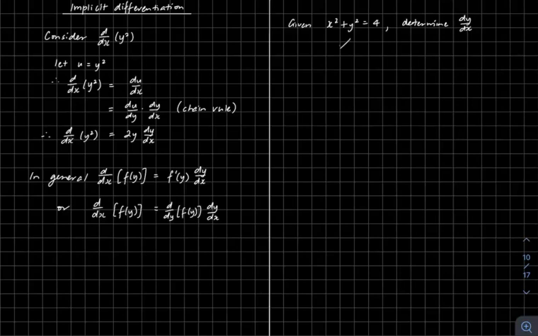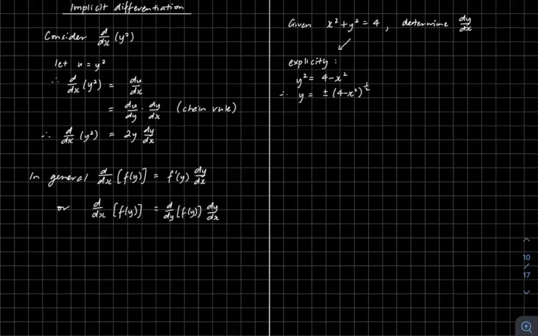So if I was going explicitly, I would rearrange this and say, okay, y squared equals 4 take x squared, therefore y is equal to plus or minus, and I'll use index form there since I'm going to differentiate it, plus or minus the square root of 4 take x squared, or plus or minus 4 take x squared to the power of a half.